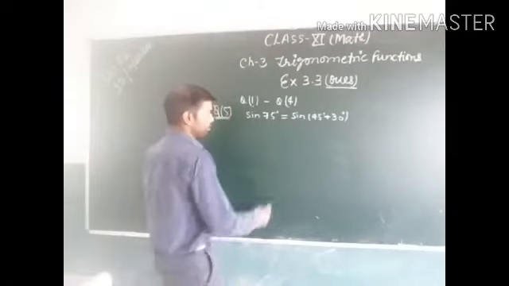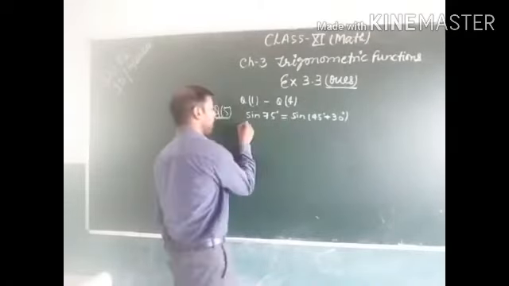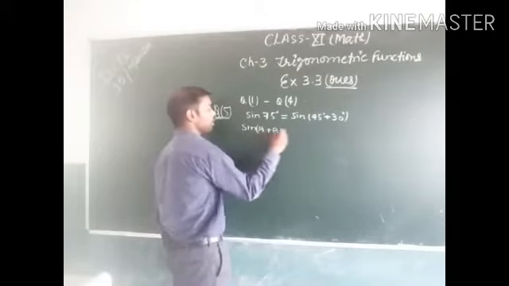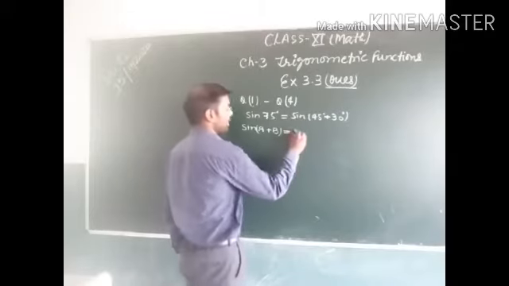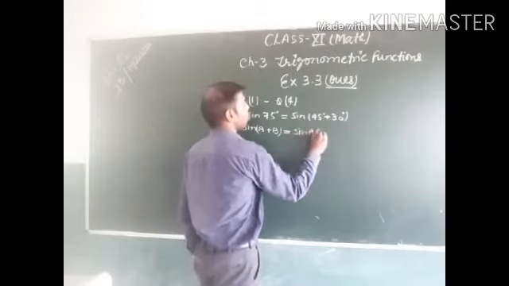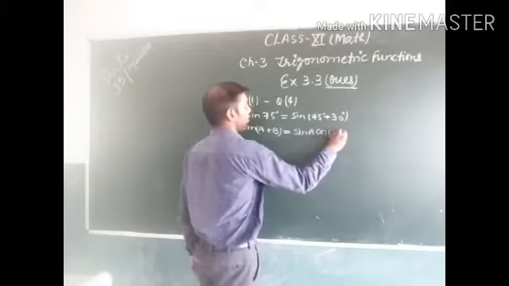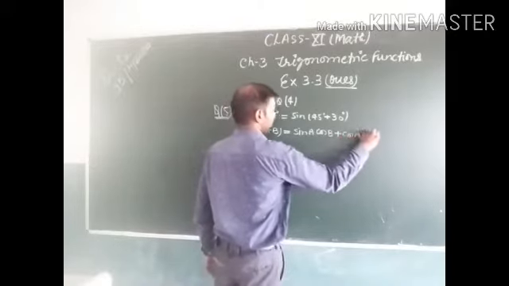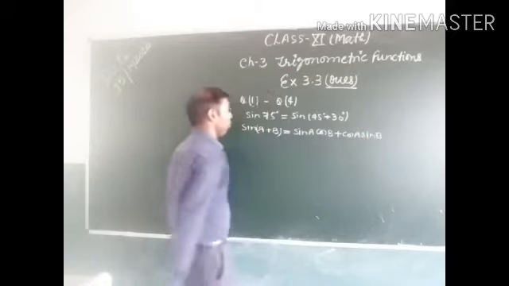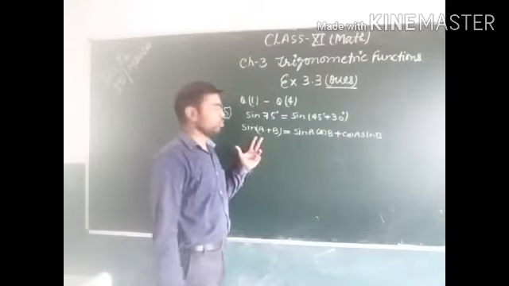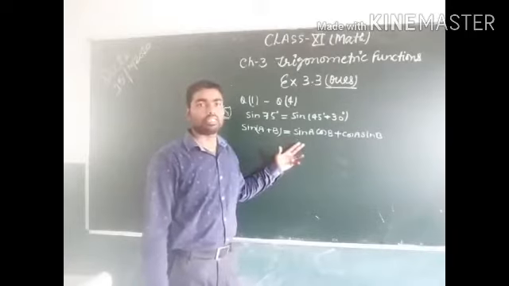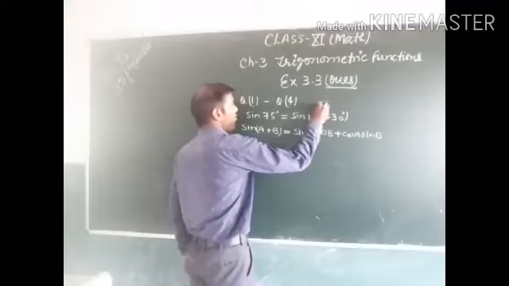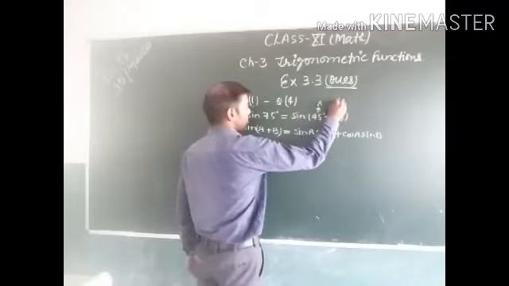So this is the trigonometric identity sin (A plus B). Sin (A plus B) can be written as sin A cos B plus cos A sin B. This is the formula of sin (A plus B) is equal to sin A cos B plus cos A sin B. So let A be equal to 45 and B be equal to 30 degrees.